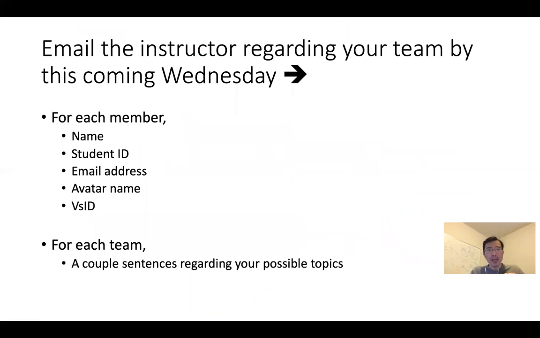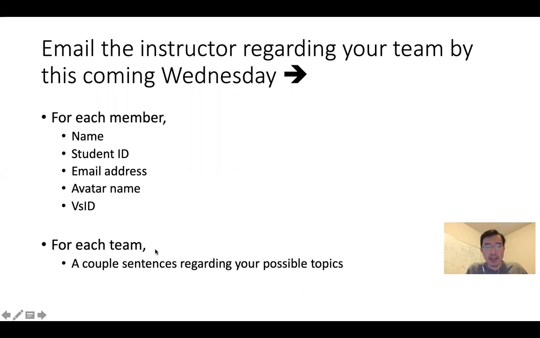I really want you to do this by 2 days from today, Wednesday. This is important, and I want to push you. For those of you who already formed your team, you need to send me the following information by Wednesday. Number one, for each member of your team, I need your name, student ID, email address, and also your avatar name and VSID.